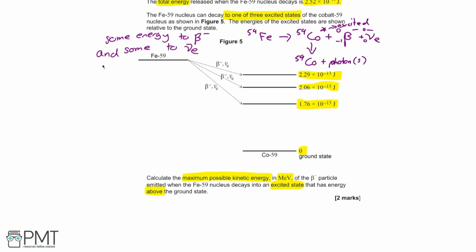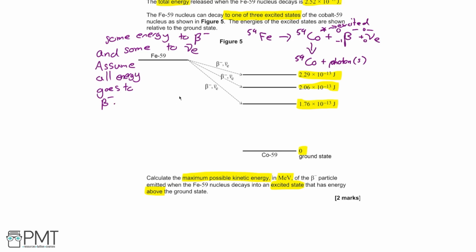So for this part of the question, we want to assume all energy goes to the beta minus, rather than being spread in some way between the electron antineutrino and the beta minus particle.